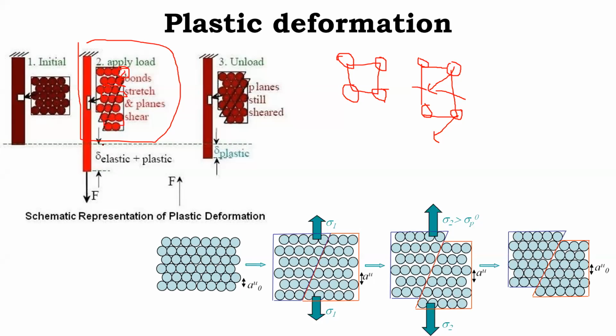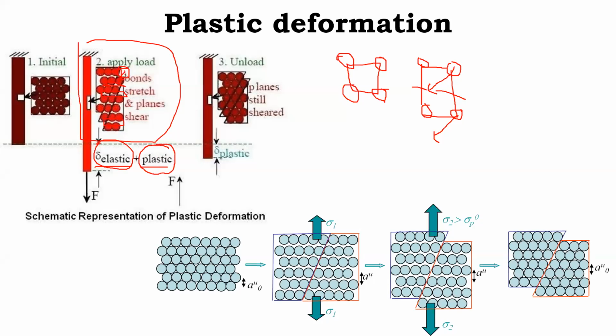Okay, so it is written as delta elastic plus plastic. So the delta which is caused because of this stretching of the bonds is responsible for the change in length, delta elastic, and because of the shifting of these molecules, there is again an increase in the length, and that part is delta plastic.